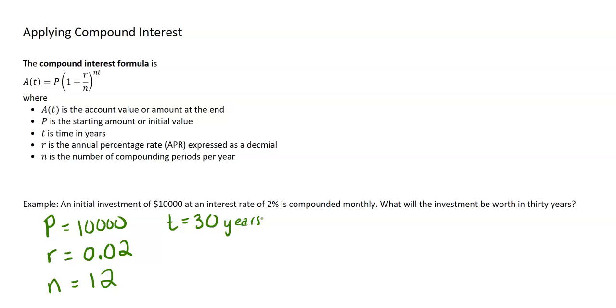Alright. From here, it looks like I have all the values for this formula to plug in and get an amount back out.